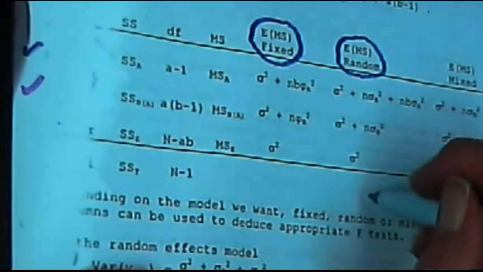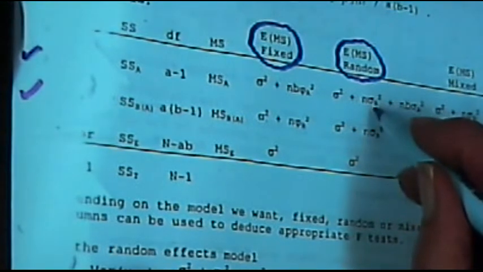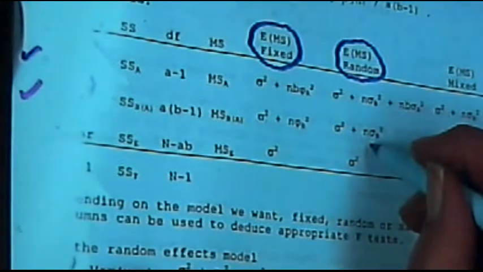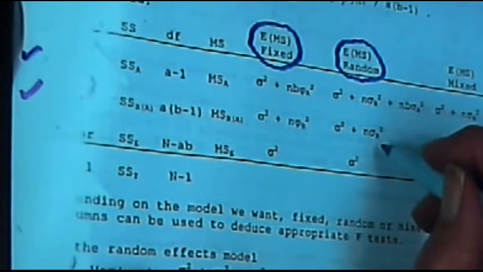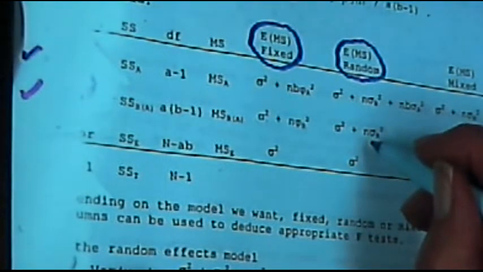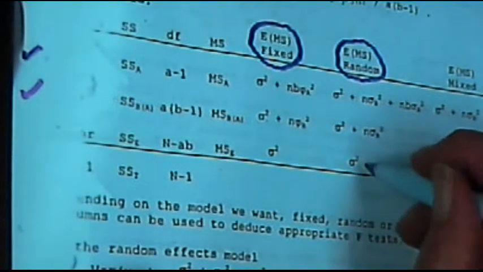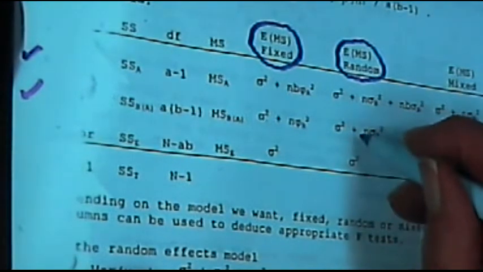Here's the expected mean square, and you notice that if I wanted to test A, the proper denominator is this B nested in A. It has the right expected value to do the job. So there's a change in the F-test on A, and then for testing B, again, the error is the proper denominator, so that's no change.